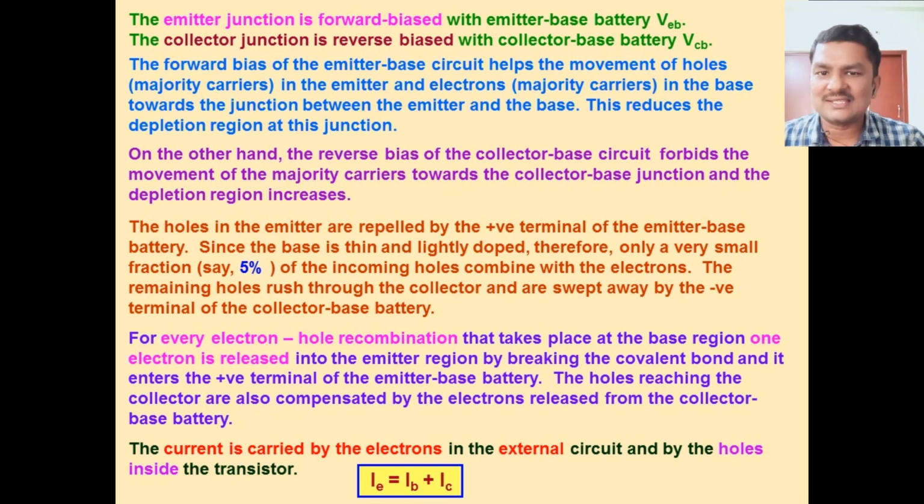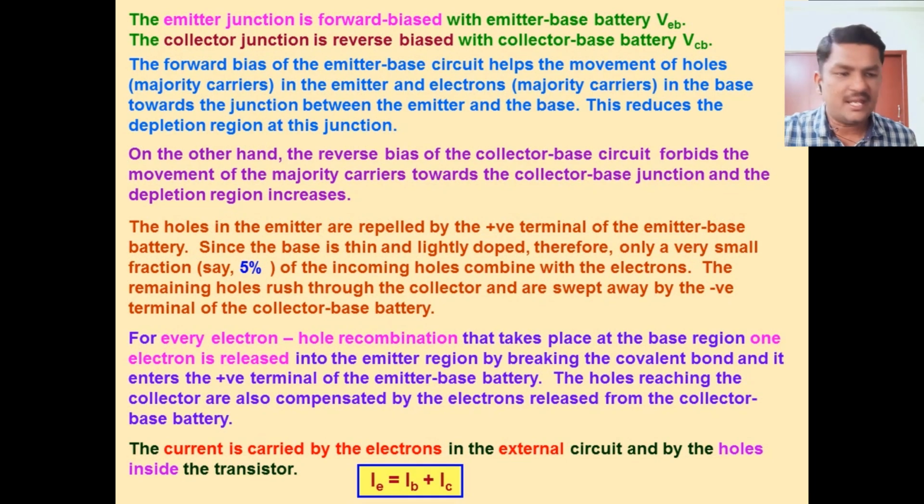A transistor has 3 electrodes: base, emitter, and collector. The emitter is heavily doped, the base is lightly doped, and the collector is moderately doped.